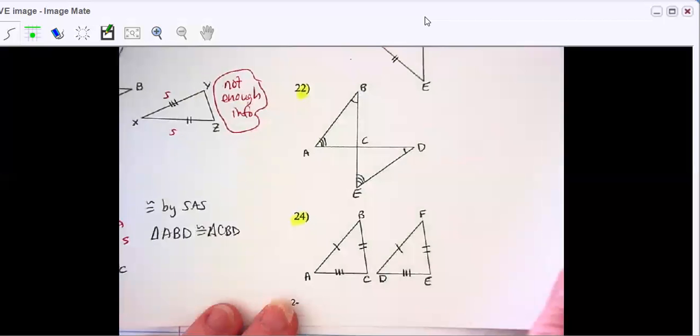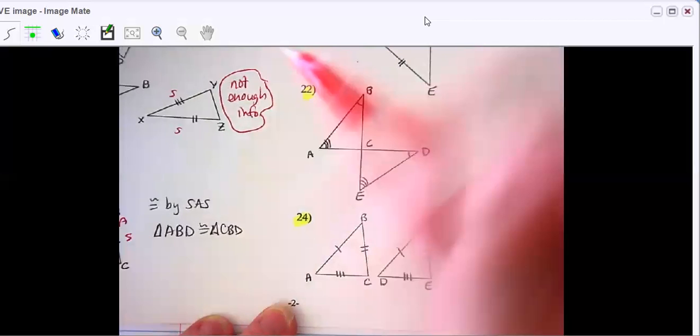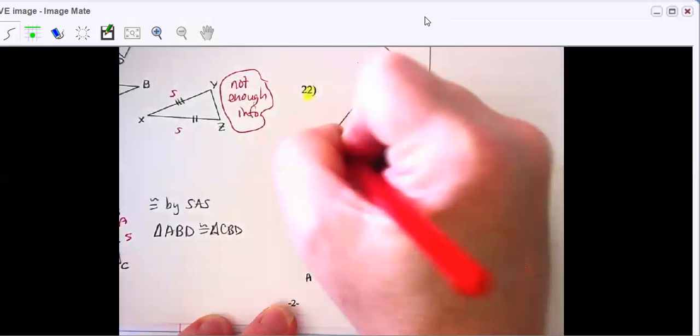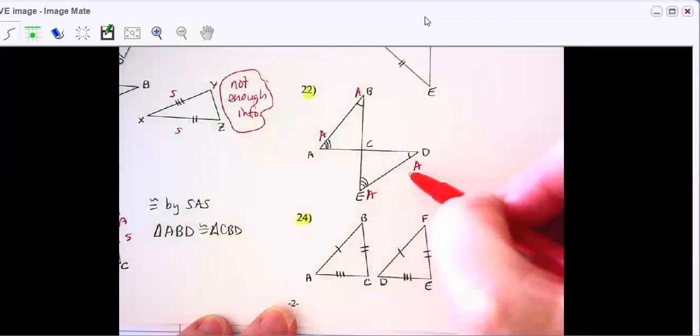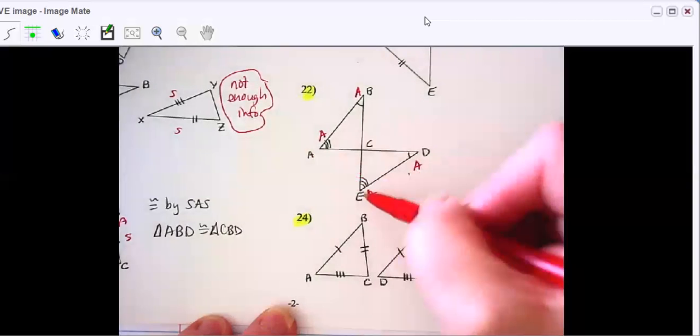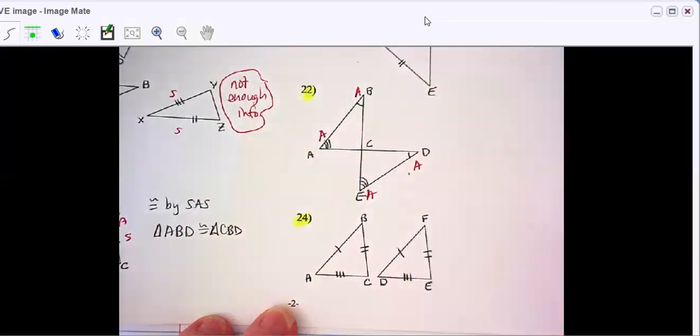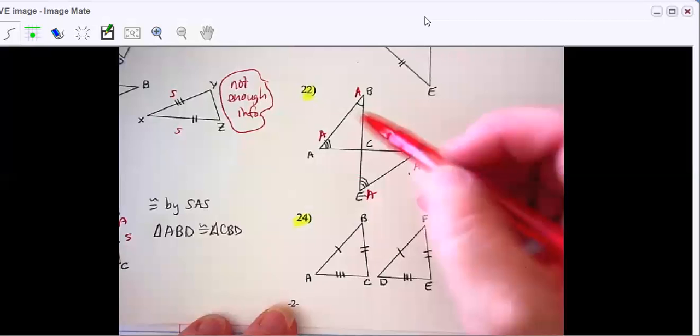22. So we have an angle here, an angle there, an angle there, and an angle there. Okay. So I've got a pair of angles, that's 1 piece of information, and another pair of angles, that's 2 pieces of information. What else can I label? The A and C and E and C are like the same, right? Well, what kind of angles do I have when I have an X?